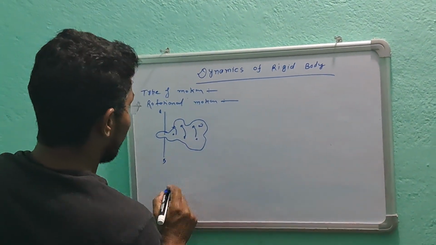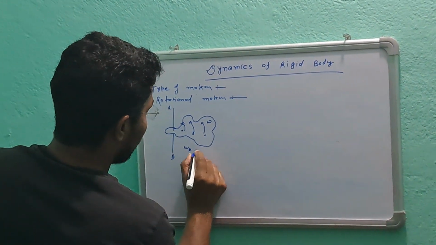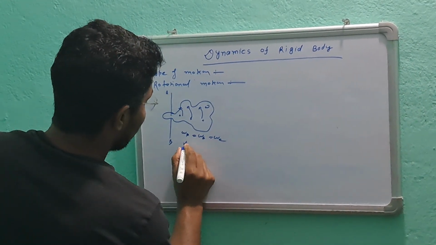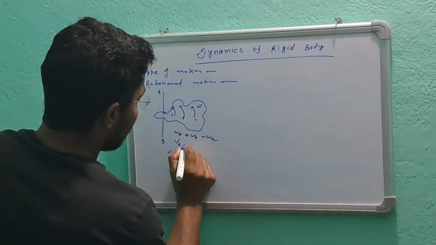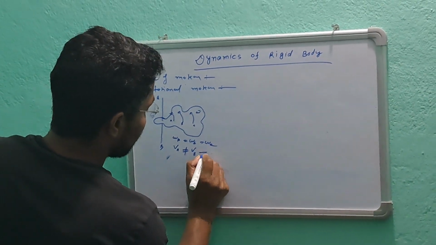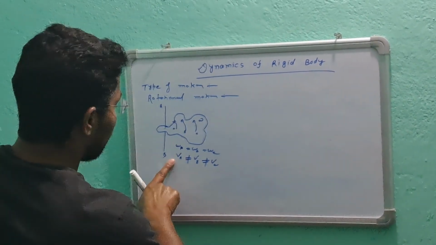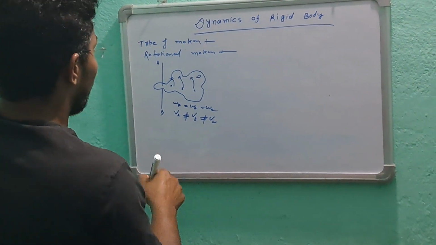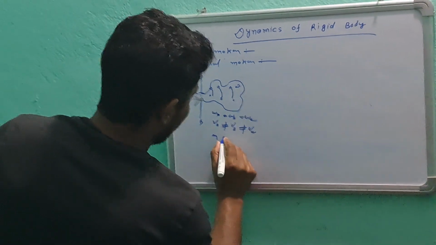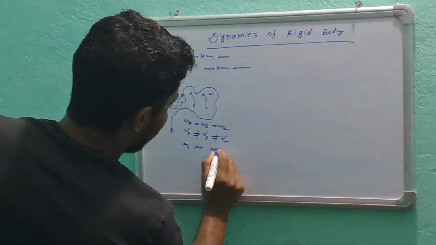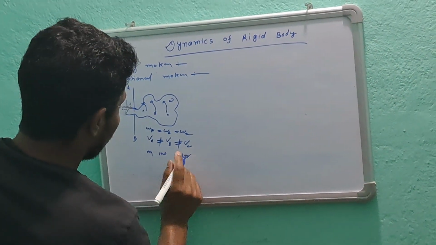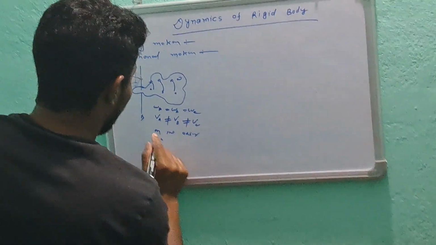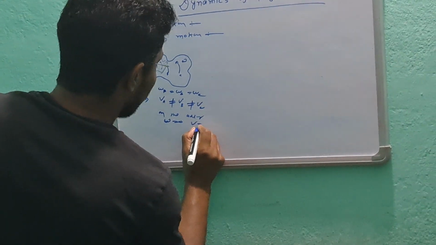Means omega A is equal to omega B is equal to omega C, while VA is not equal to VB is not equal to VC. VA, VB and VC are the linear velocities of points A, B and C. And on the axis, omega is equal to 0, V is equal to 0.